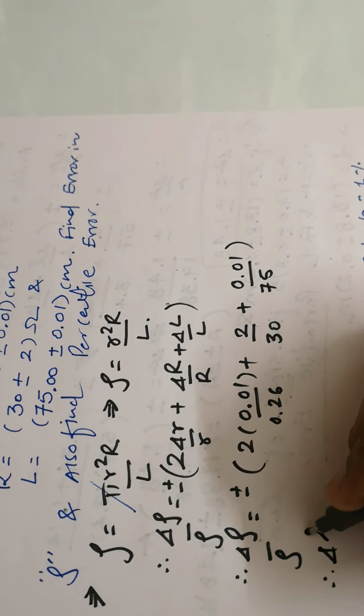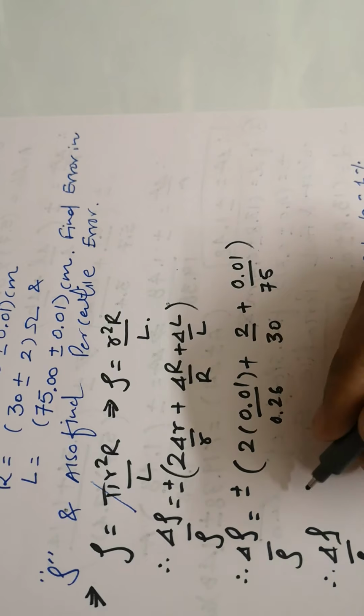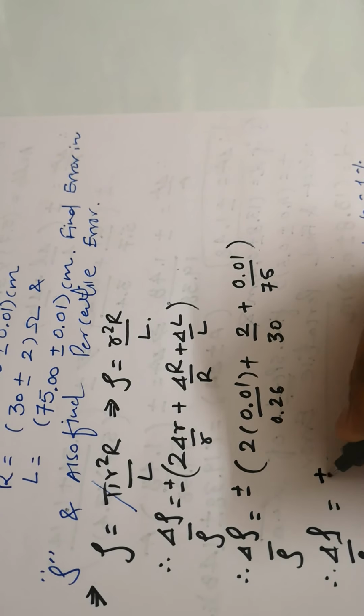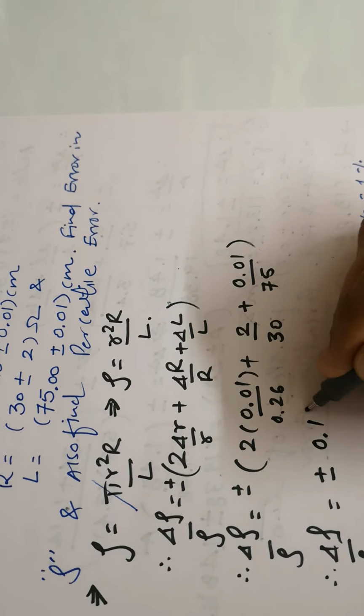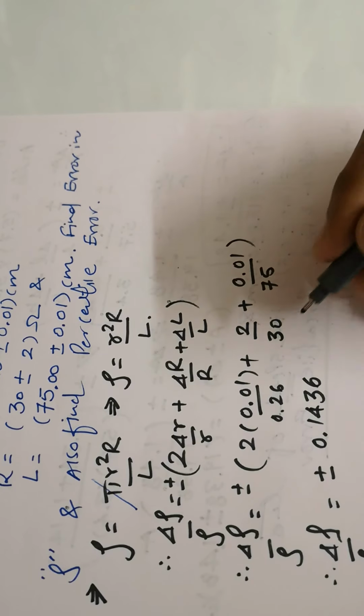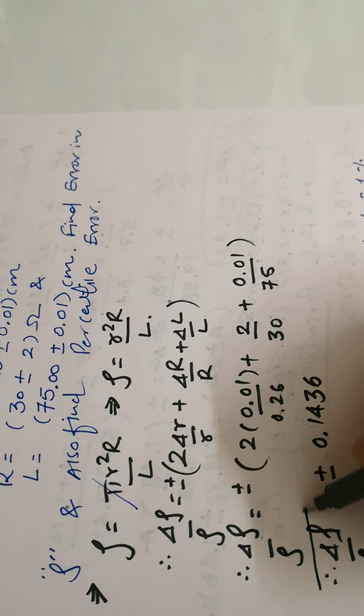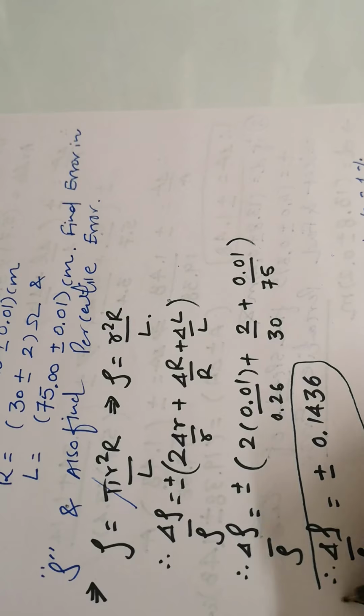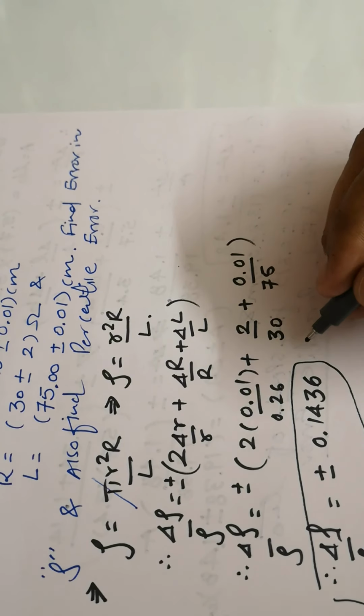So I can have delta rho divided by rho equal to plus or minus 0.1436. This is the error in terms of rho, which is called the specific resistance.